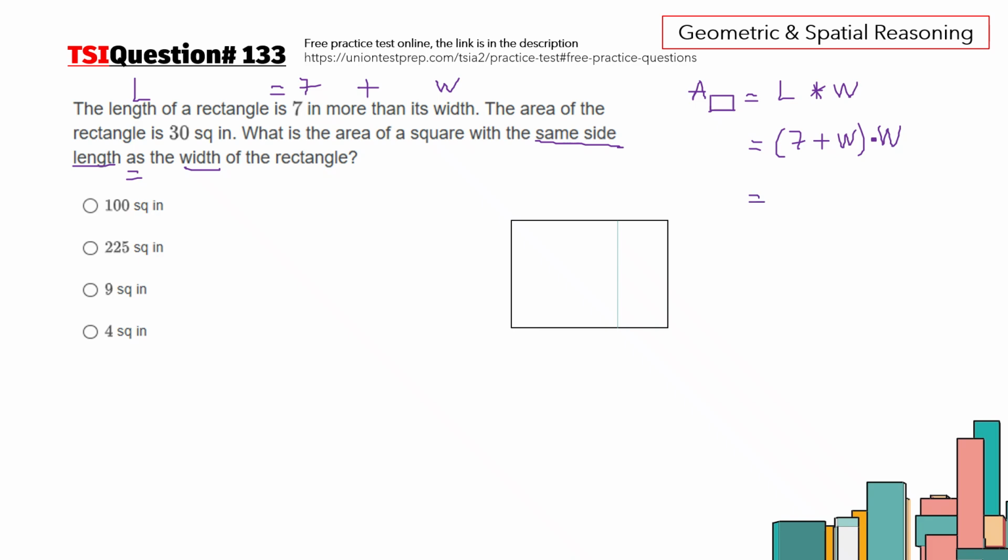W times 7 is 7W. W times W is W squared. And this is equal to 30. It's given. Okay, now we solve for it. What we target is we want to know what W is.